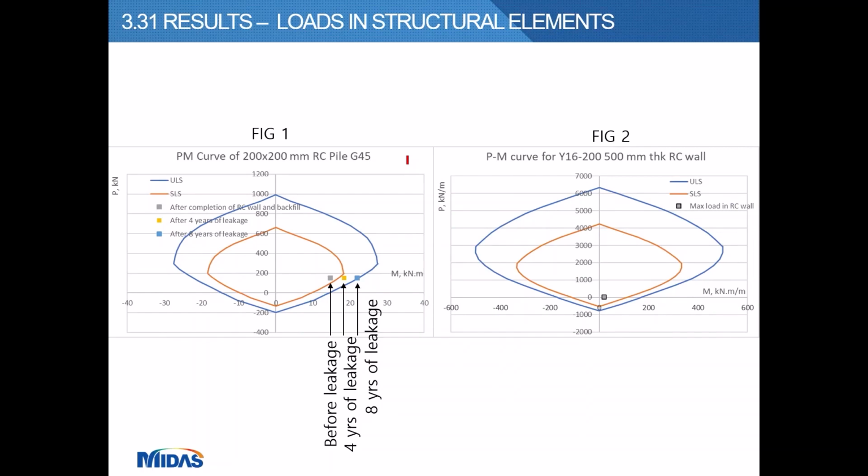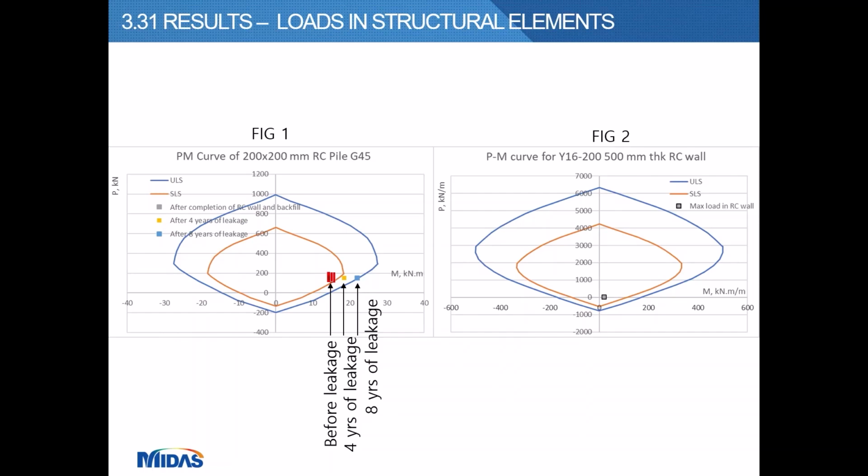And now we compare the load in the pile and the wall to the allowable and ultimate envelope of the structure capacity. And indeed, the bending moment in the RC pile before the leakage is still within the allowable envelope, which ties up with the site observations.